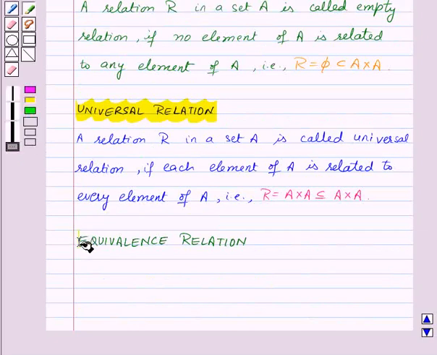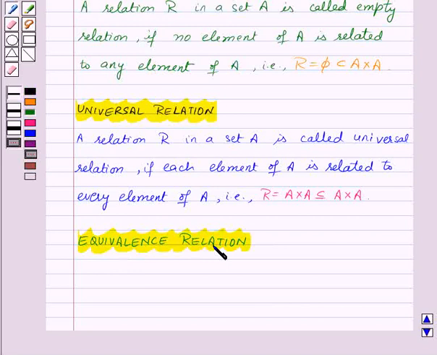Next is equivalence relation. This plays a significant role in mathematics. So, to study equivalence relation, we will first of all consider three other types of relations, that is reflexive, symmetric and transitive.